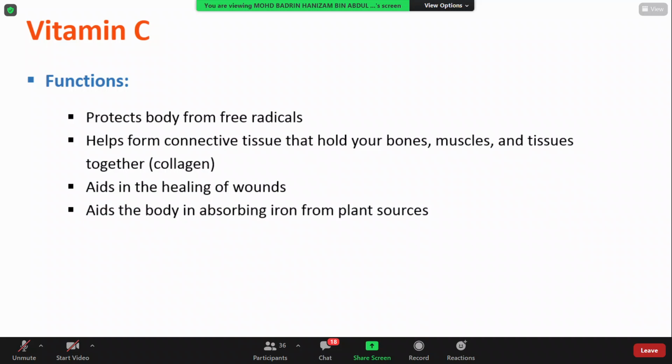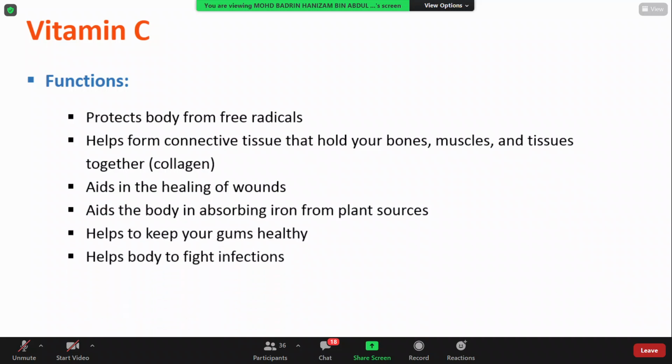Our body is not very good in absorbing iron. We can absorb it, but only in a small amount. But vitamin C can help increase the absorption capabilities of iron by our body.